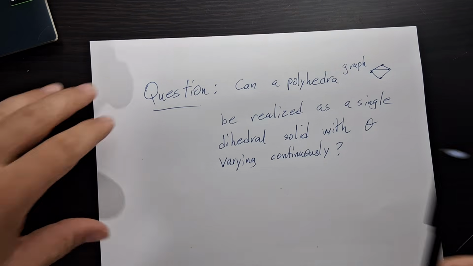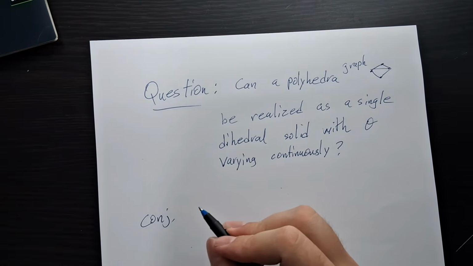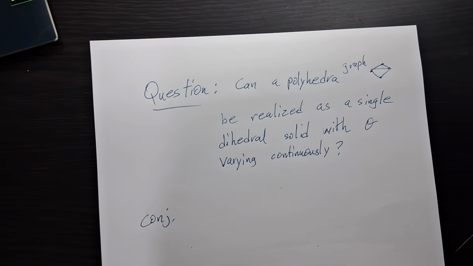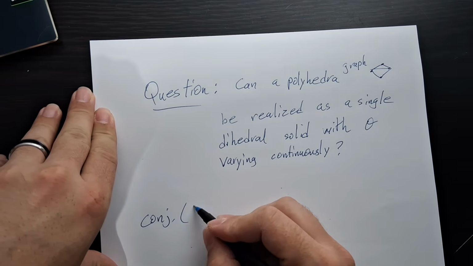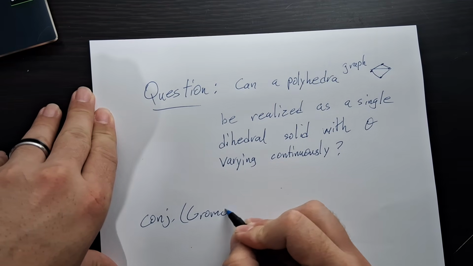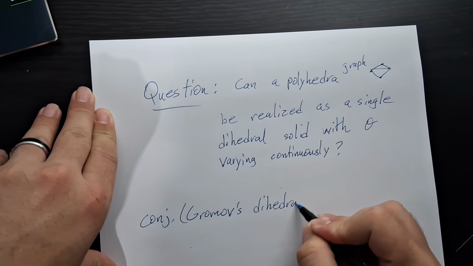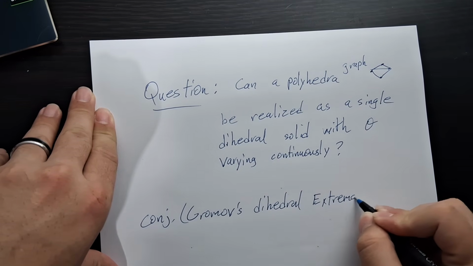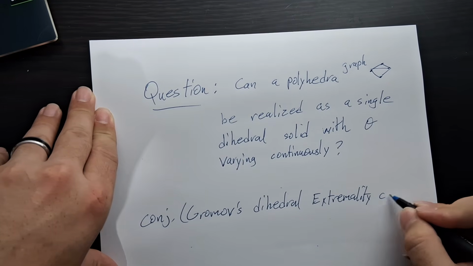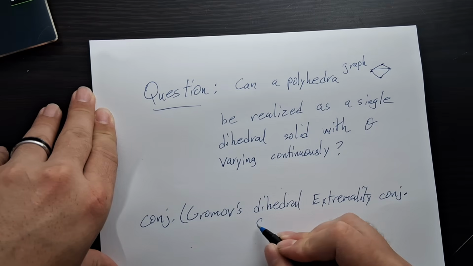And this is actually characterized by a conjecture known as Gromov's dihedral extremality conjecture. For convex polyhedra.